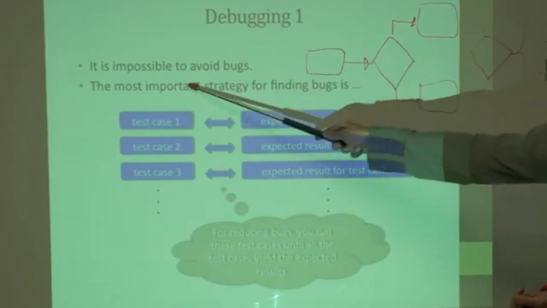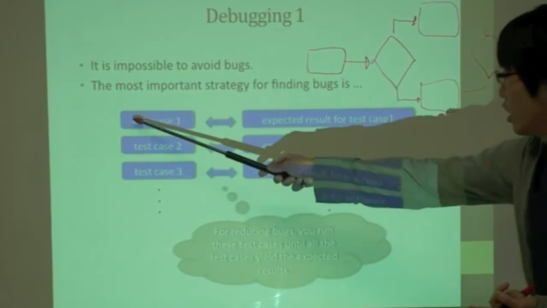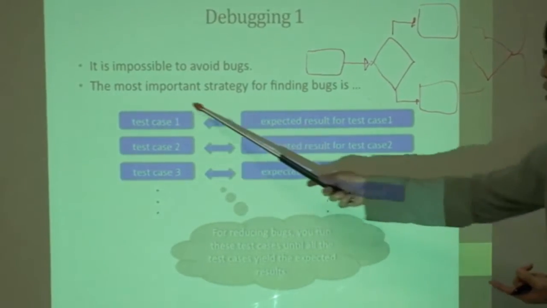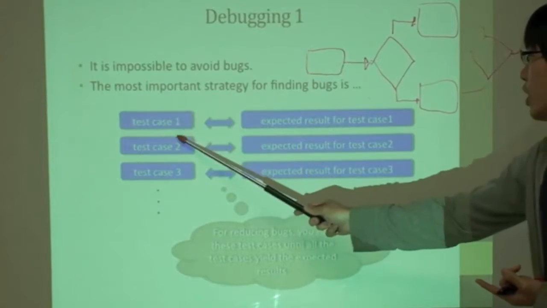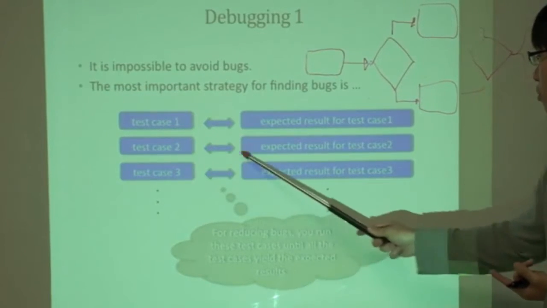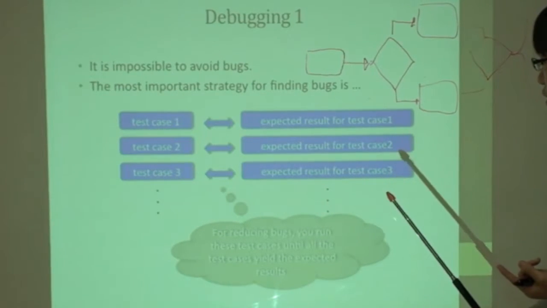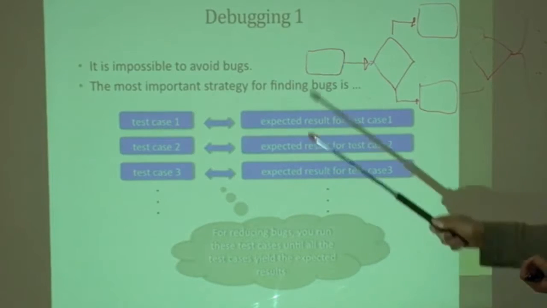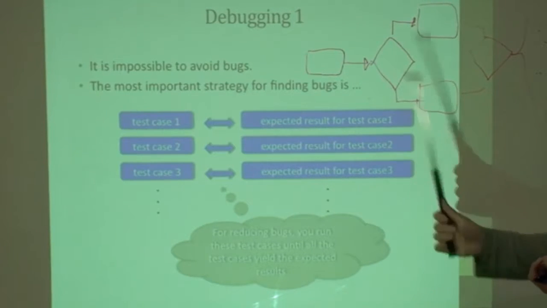In using test cases, you compare the output and the expected output for a part of the program. So I think that is the difference between the two methods.